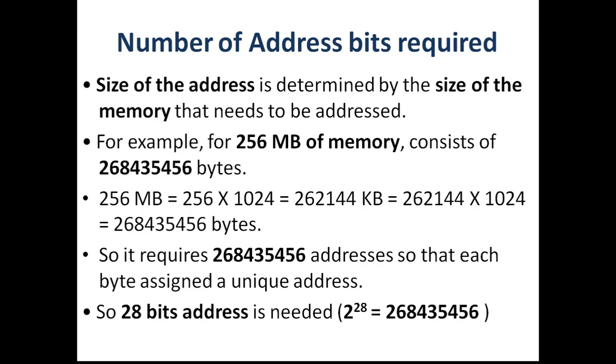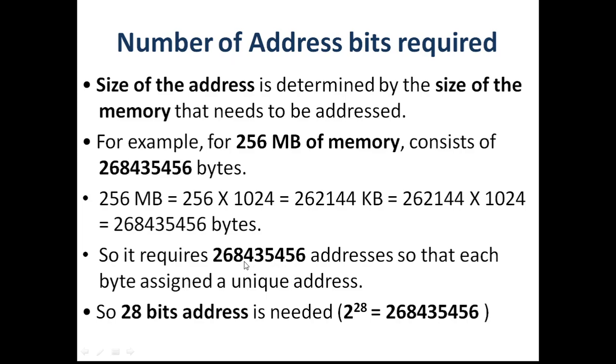If there are 200 bytes in a memory, then you need 200 addresses, so that each byte can be given a unique address. In this case we have calculated the number of bytes to be 268435456, and that many addresses are needed. Now how do you express this in 2 power?